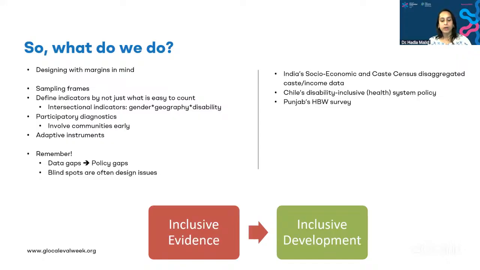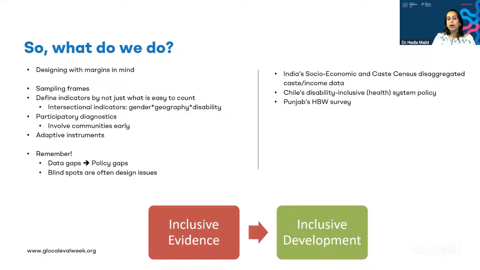If you have participatory diagnostics, the community themselves are telling us this is the kind of diagnostics you should have, this is the kind of instrument you should develop. And I think it's really important for us to go in with an adaptive mentality. We shouldn't be scared to change things when we realize that something's not working.